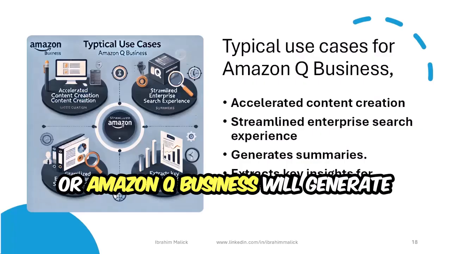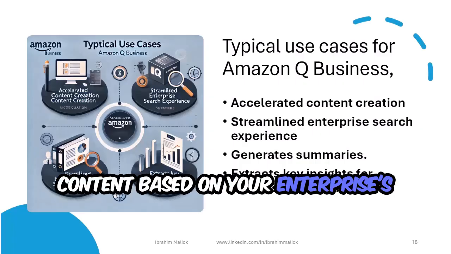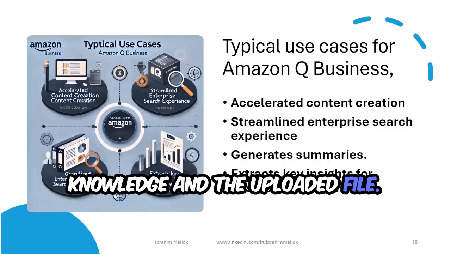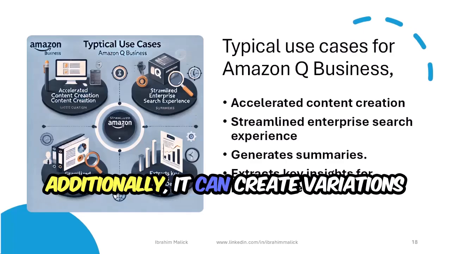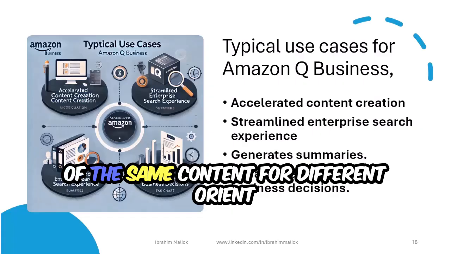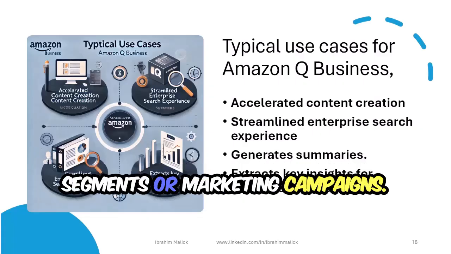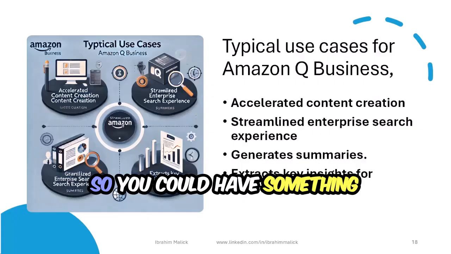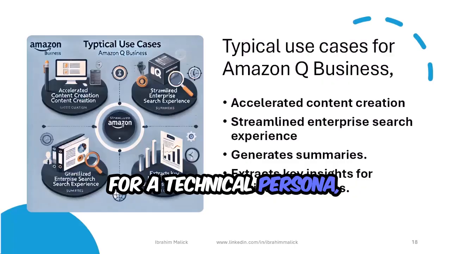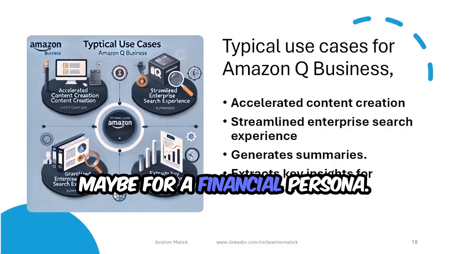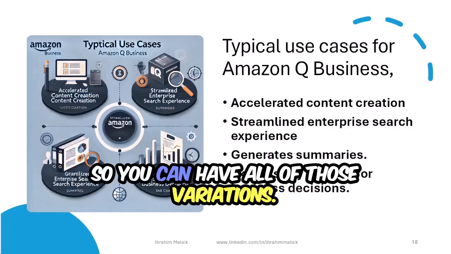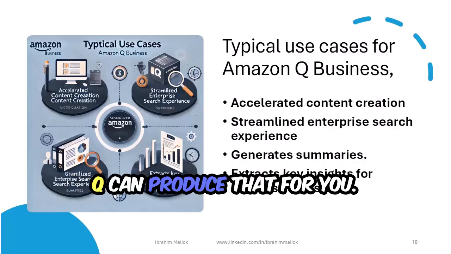Amazon Q Business will generate content based on your enterprise's knowledge and the uploaded file. Additionally, it can create variations of the same content for different audience segments or marketing campaigns. So you could have something for a technical persona, maybe for a financial persona, right? So you can have all of those variations. Q can produce that for you, right?